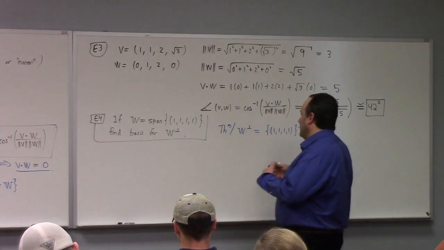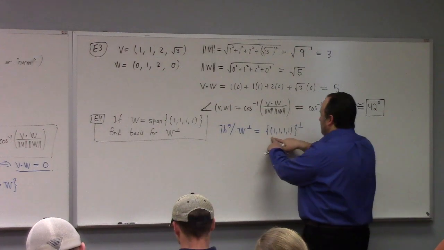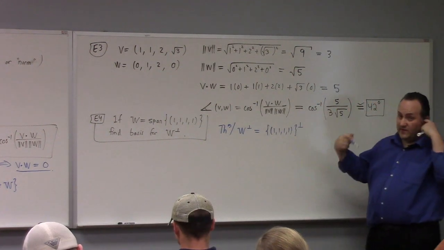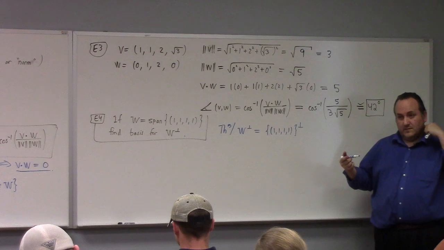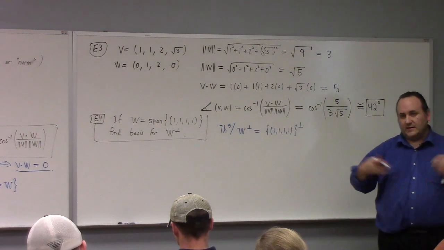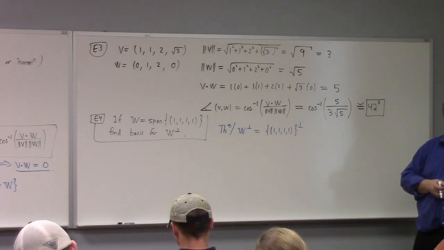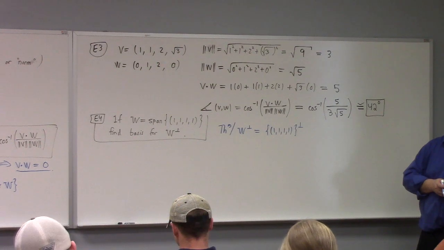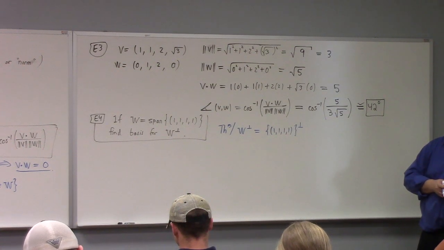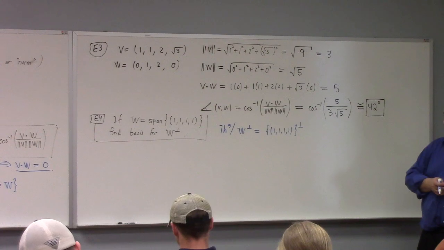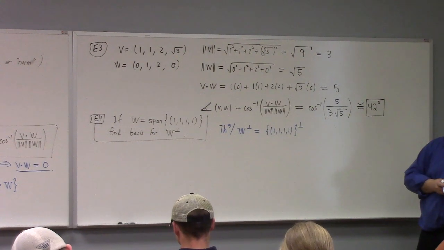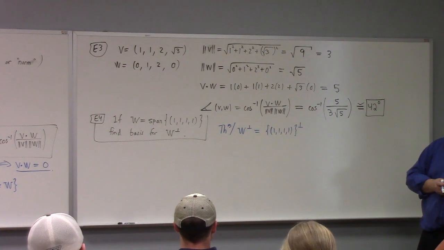In other words, finding all vectors perpendicular to the generating set of W is the same as finding the set of vectors perpendicular to every vector in W. This is true because every vector in W is just a scalar multiple of that one vector, 1, 1, 1, 1.